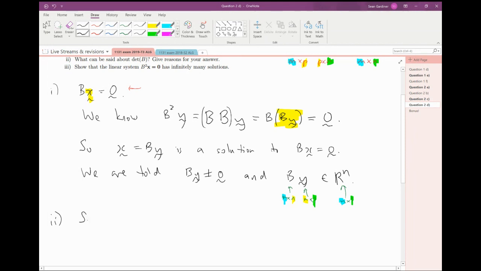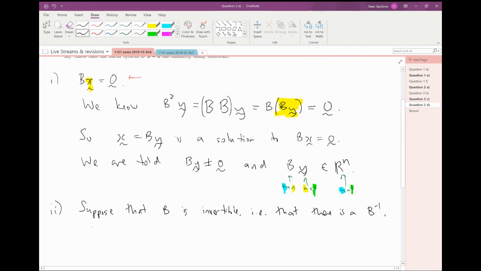But let's just start by supposing that it is invertible and see if we can deduce anything from that. So I'm going to say, suppose that B is invertible, which is to say that there is a matrix B inverse with the usual properties of an inverse matrix.